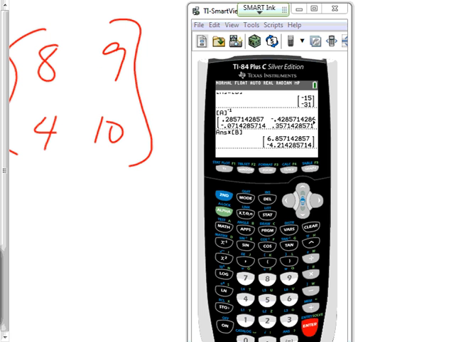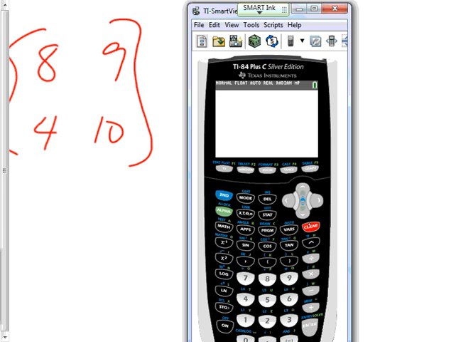Okay, for those following along at home, I'm going to show you how to put this one in. I'm going to clear this off, and we're going to go matrix, A is the one I want to change. I'm going into matrices, and I got to edit matrix A and give it new numbers. 8, 9, 4, and 10.